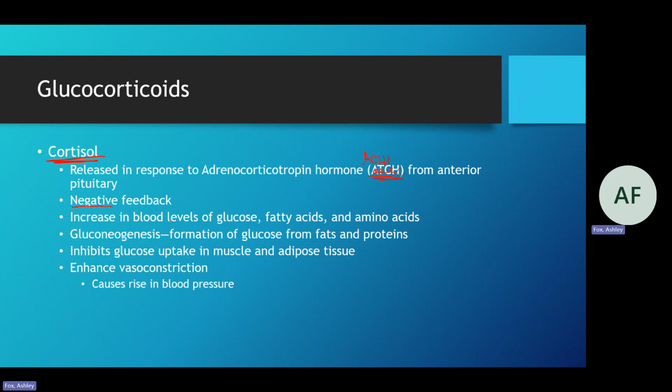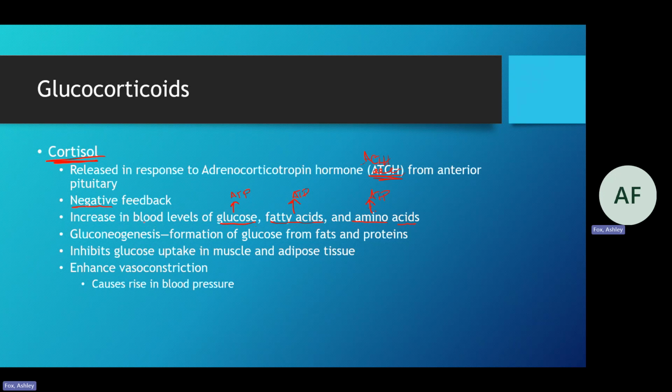Cortisol, along with other things, we talked about growth hormone doing this, and we're going to talk about glucagon doing it as well. But cortisol is going to be increasing your energy levels. So all of these things, amino acids are your last choice in the chain, but glucose, what do you use it for? ATP. Fatty acids, turn them into glucose, ATP. Amino acids, turn them into glucose, ATP.